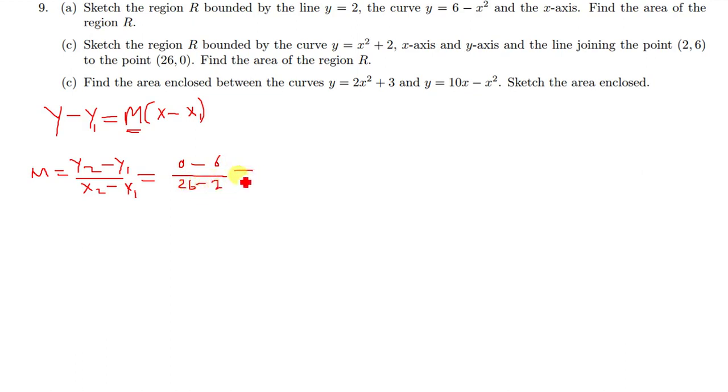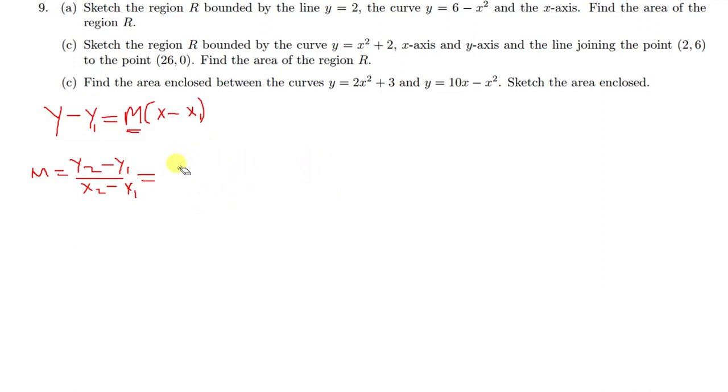This is going to give us negative 6 over 24, which is just the same as negative 1 over 4. So this is going to be our gradient, negative 1 over 4.